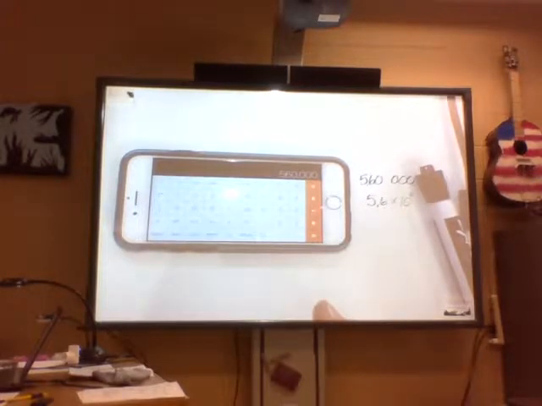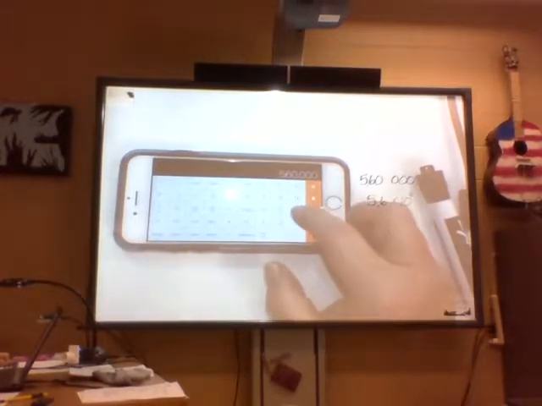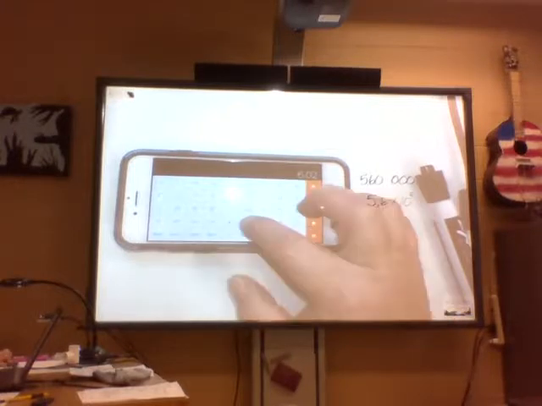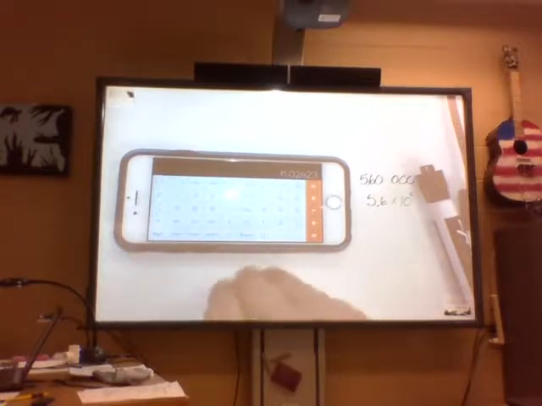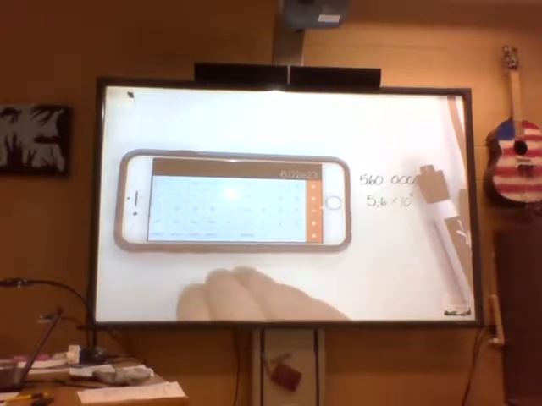So if I want 6.02 EE to the 23rd, that's what it looks like on your phone. So you can use your phone.